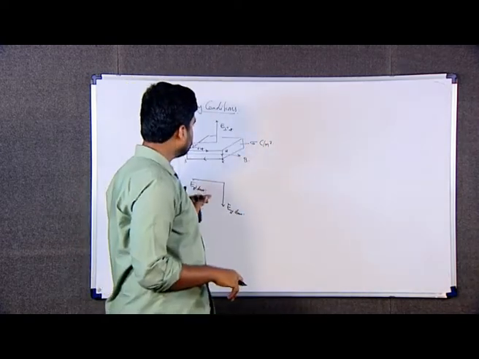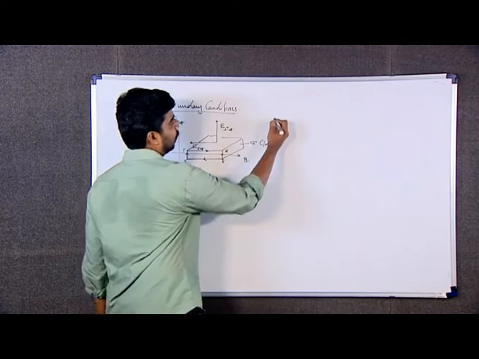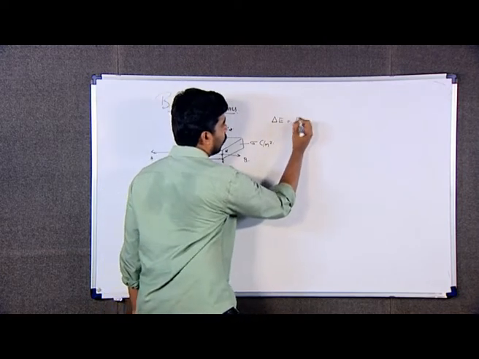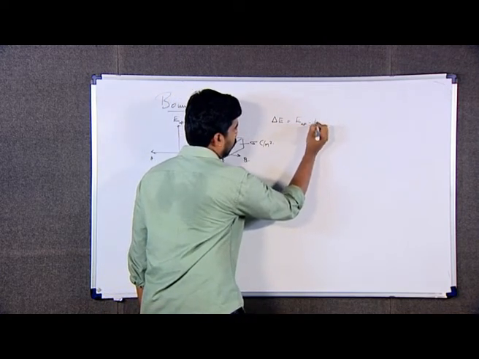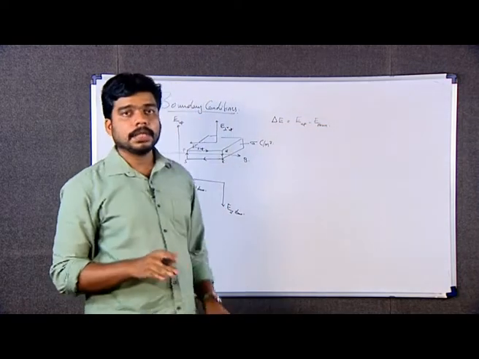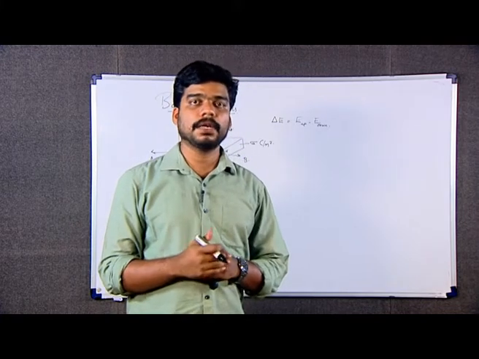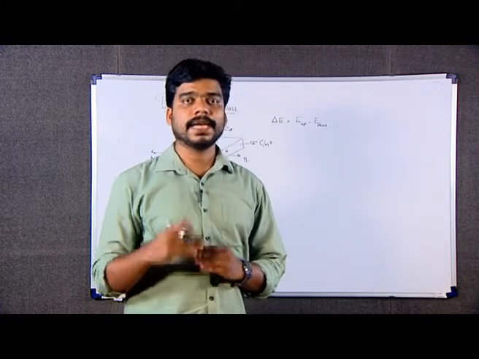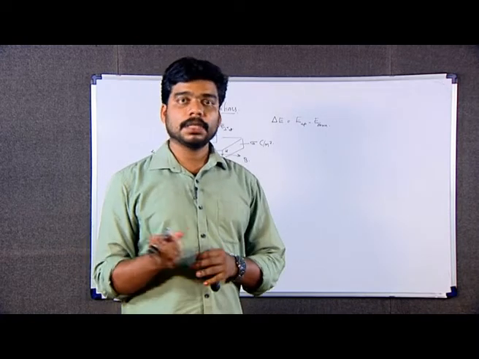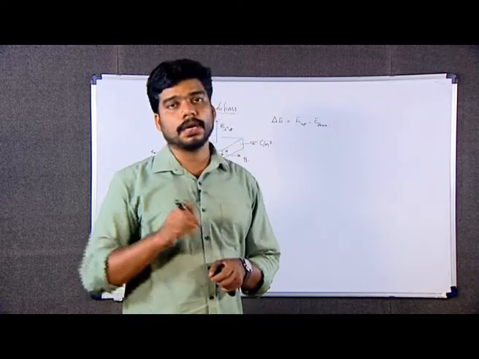So what is the change in the electric field? The change in the electric field, delta E, is equal to E up component minus E down component. If the up component of the electric field is equal to the down component, then the electric field is continuous across that boundary. If something is changing across that boundary, then the electric field is discontinuous.